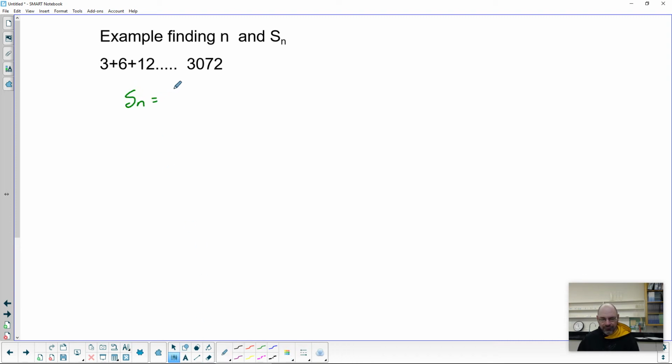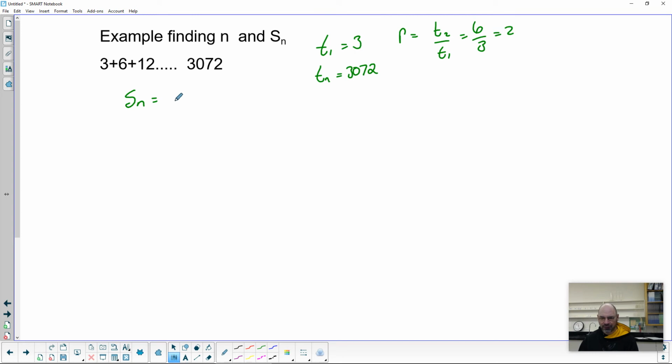S_n is, we have T1, we have Tn, and we have r as being, if we go T2 divided by T1, that's 6 over 3, which is 2.